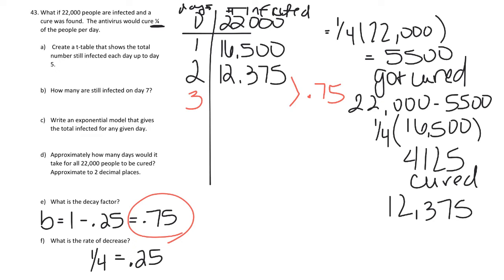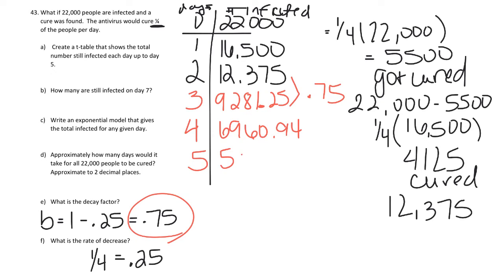So that's a faster way to do that. And that's 9,281.25, and then 6,960.94, and 5,220.7.